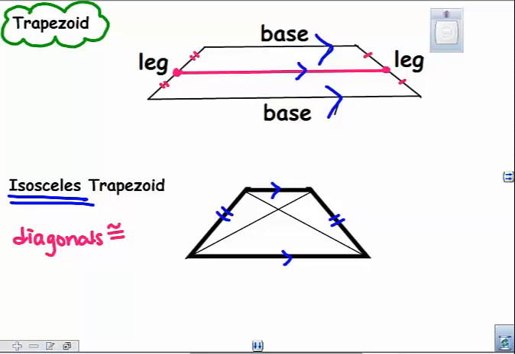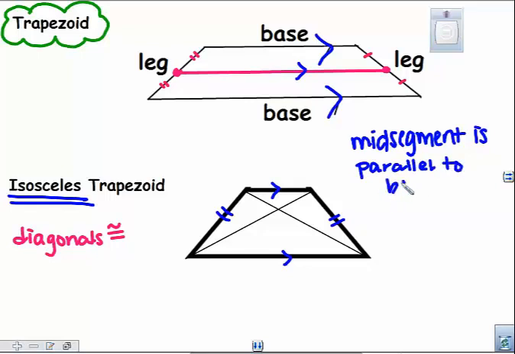Okay, and it's going to be an average of the length. Okay, so your mid-segment is parallel to the bases and the average length of the bases.